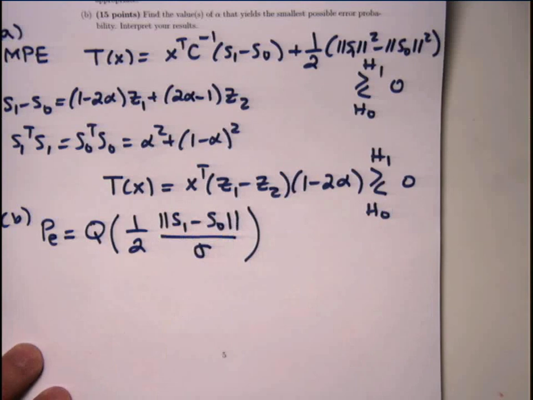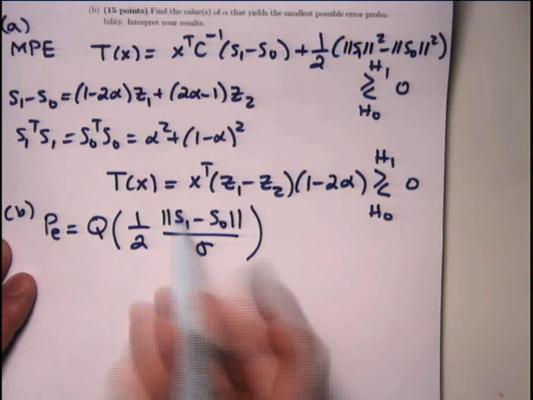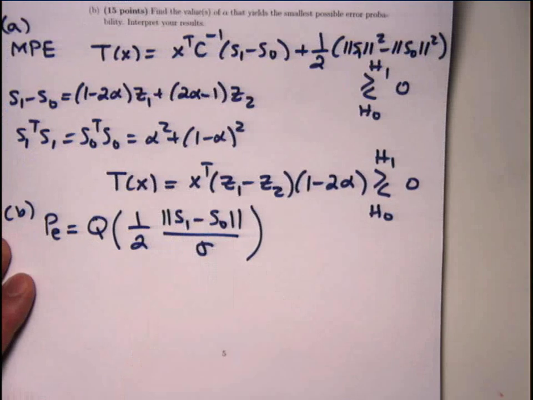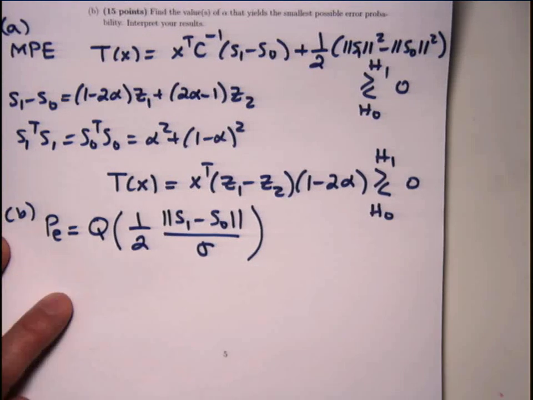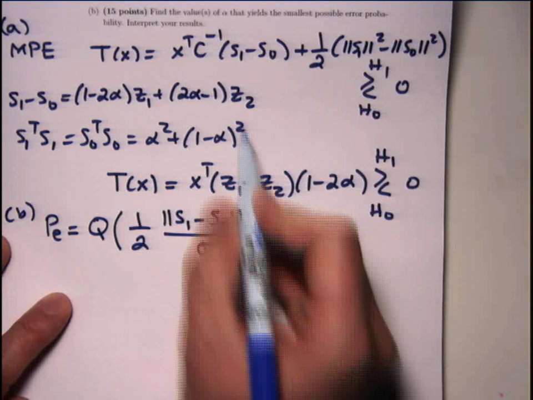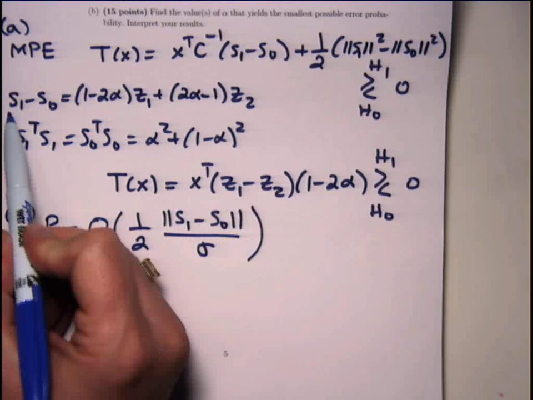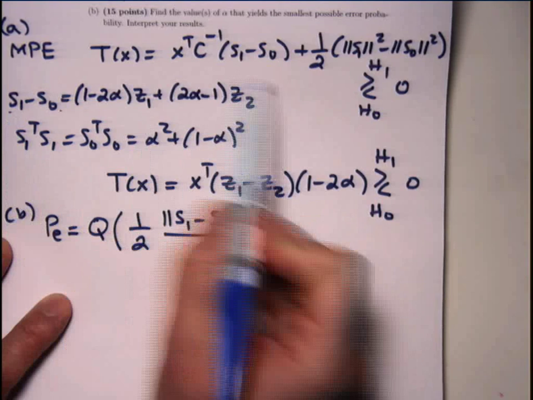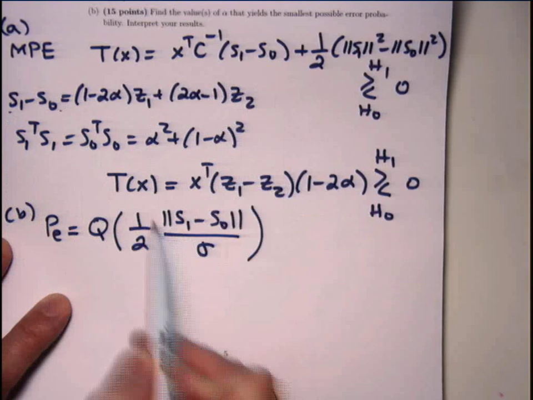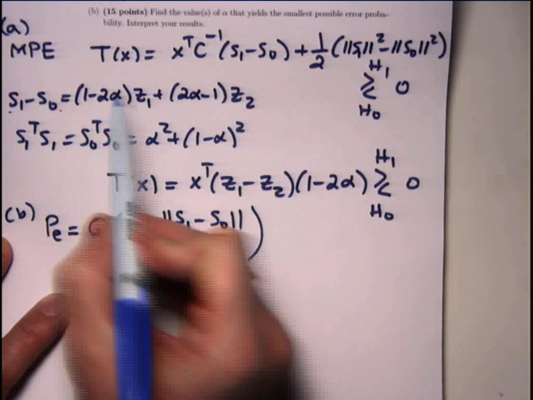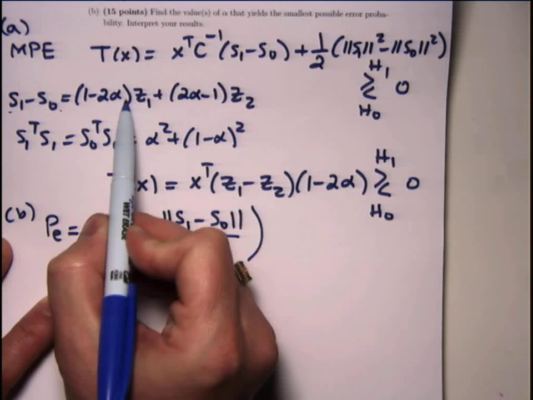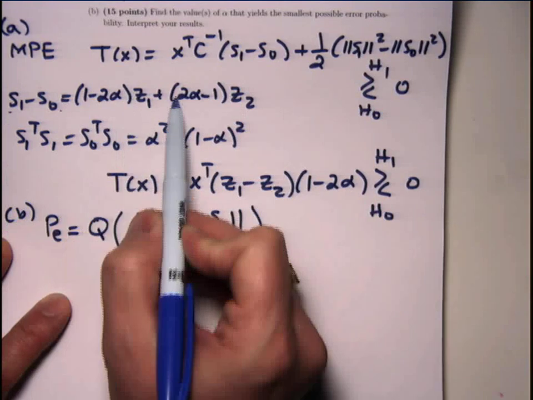For the minimum probability of error, it depends on the distance between the two signals, normalized by the standard deviation of the noise. And this Q is the right-tailed probability for the Gaussian. If you now go back to what we had here, S1 minus S0 is this expression. If you compute the norm of this expression, it's the square root of (1 minus 2 alpha) squared plus (2 alpha minus 1) squared.